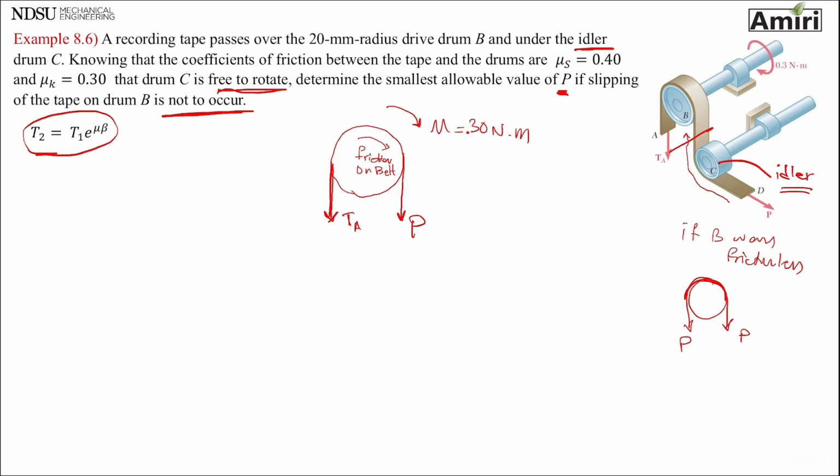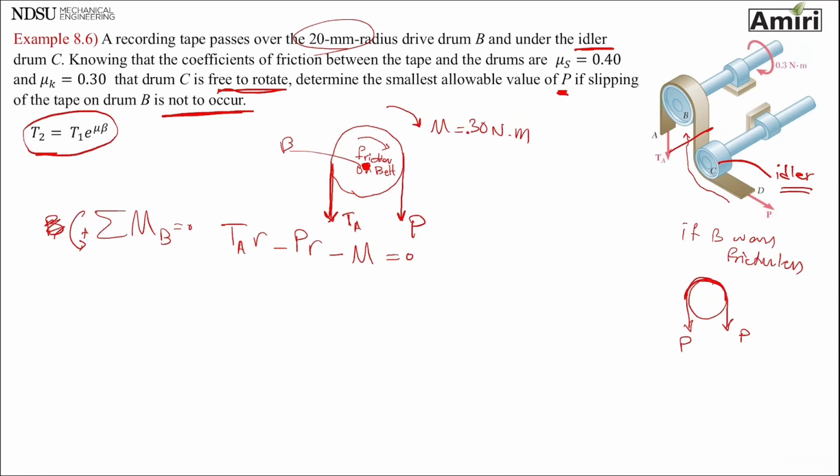Let's write the summation of moments about point B, this way being positive. I have TA multiplied by R. Do I have the R? Yes, 20 millimeter radius. Let's just write it R. Minus PR minus M equals 0.